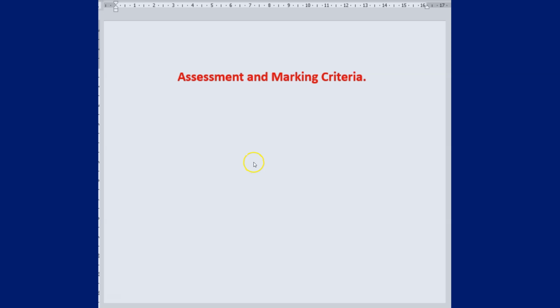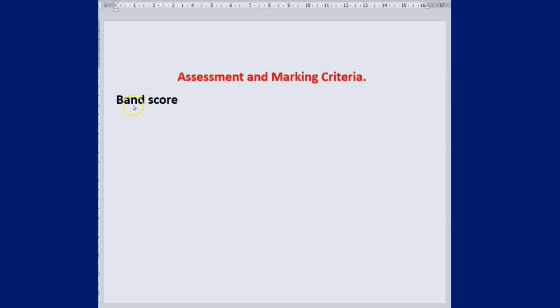So, in this part of the section, we will examine the marking criteria and the assessment that is used to grade your report. Grades in the IELTS are called band scores. So, when you hear band score, it means you are dealing with the grade.